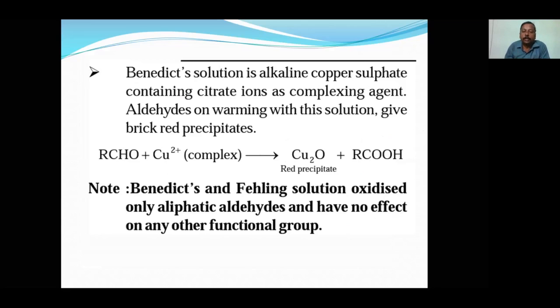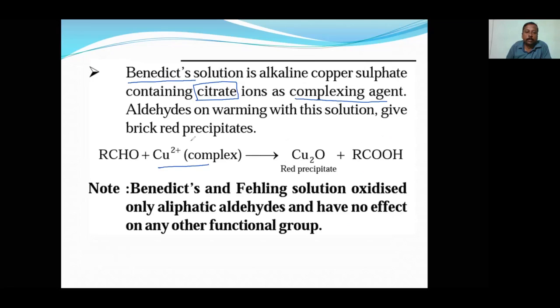And the third test is Benedict solution. What is the third one? Benedict solution. So what is Benedict? Everything is the same. Only instead of tartrate, there it is citrate. Sodium potassium tartrate was there, now citrate ion is used as a complexing agent.